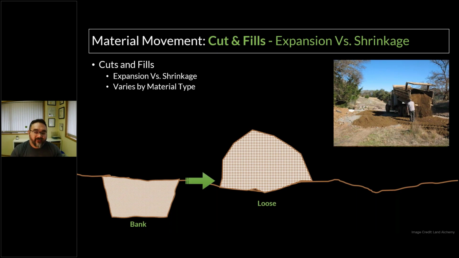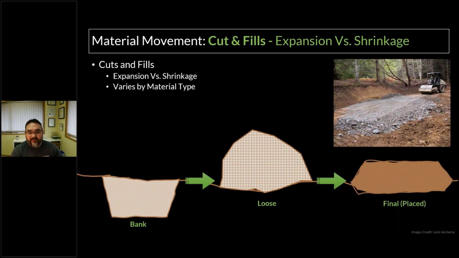I like to use the term fully fluffed because it's what it is when it's in the truck or in the blade of the dozer or the bucket of the excavator, as it's in its largest form. And then in its final form, final or placed, it's when we stick it back into the ground. And that's where we're recompacting it once again.